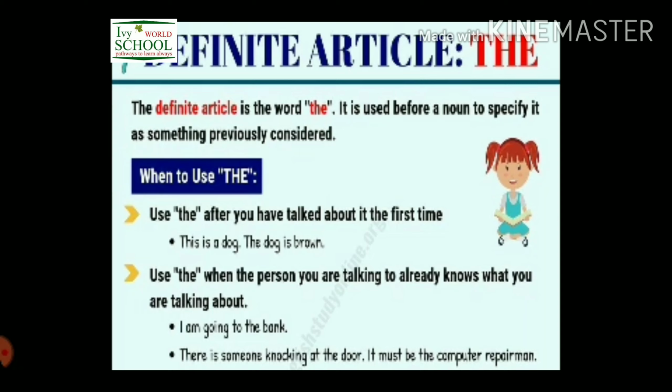So we used the with dog the second time. So if you talk about the noun the second time, you have to place the definite article. And also when you are talking about something which is very specific or something which you already know about, you have to use the definite article.